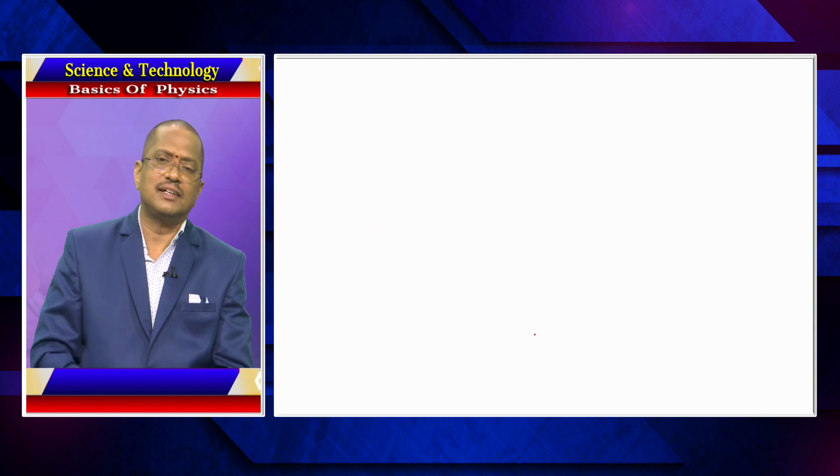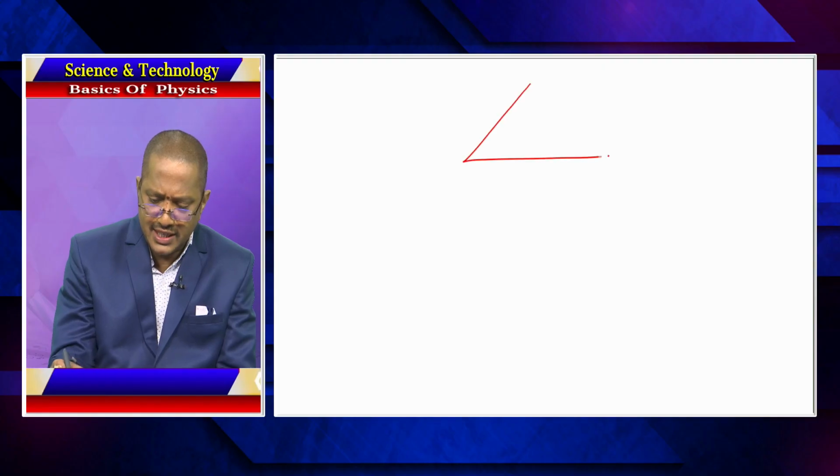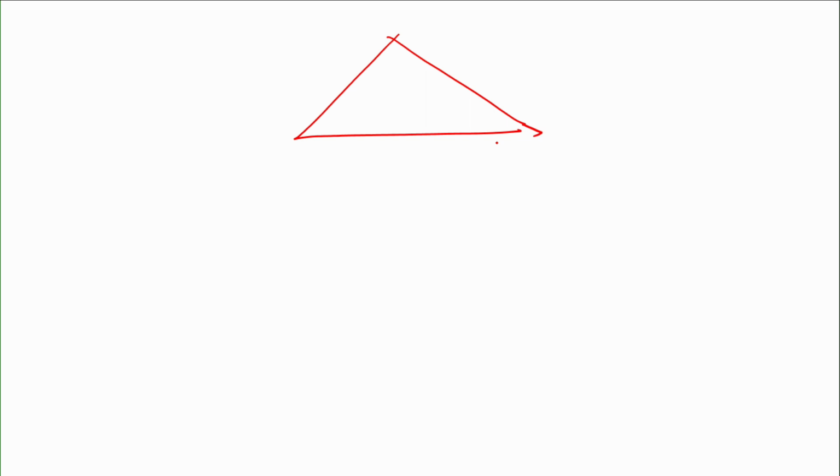And a very important thing: when you take a prism and the light ray is incident on it, it bends towards the base. When you extend this line, this is called the angle of deviation.